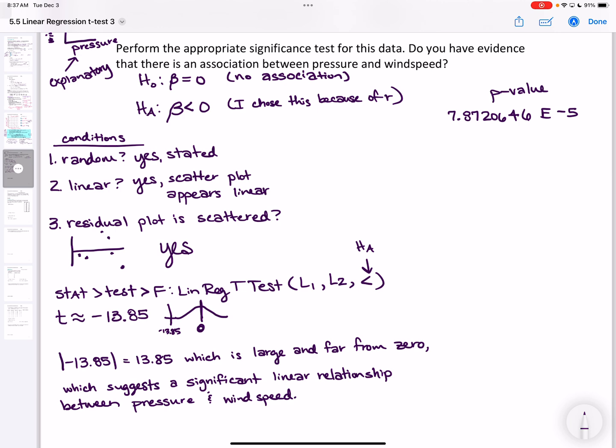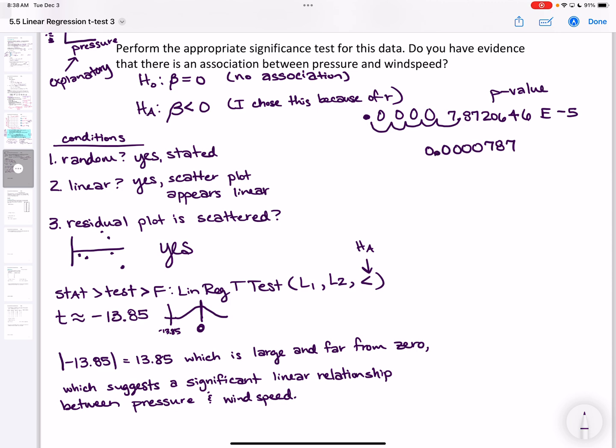So 7.87 makes no sense, but it does when I see that E to the negative 5th because that tells me I have to move this to the left 5 times. So 1, 2, 3, 4, 5, which means I have to put 1, 2, 3, 4 zeros. So my p-value is actually 0.0000787.